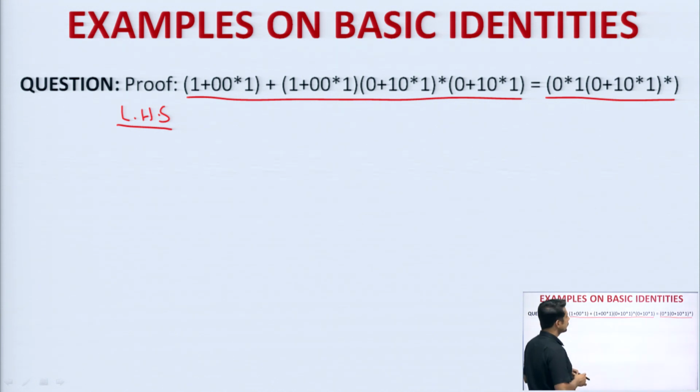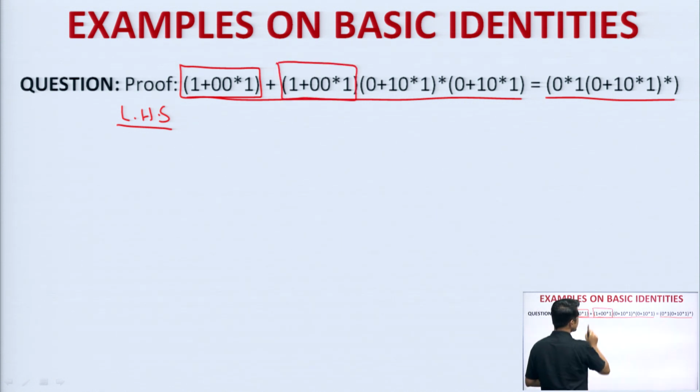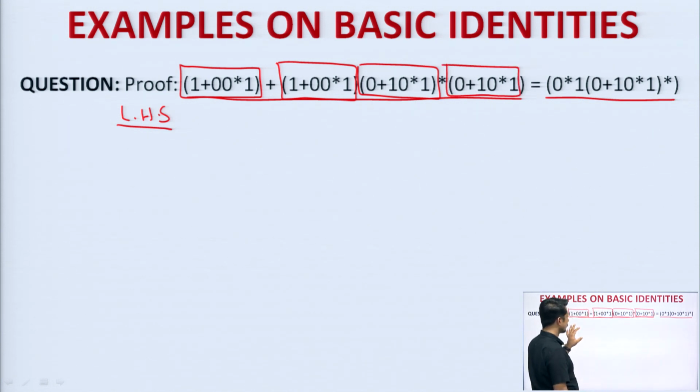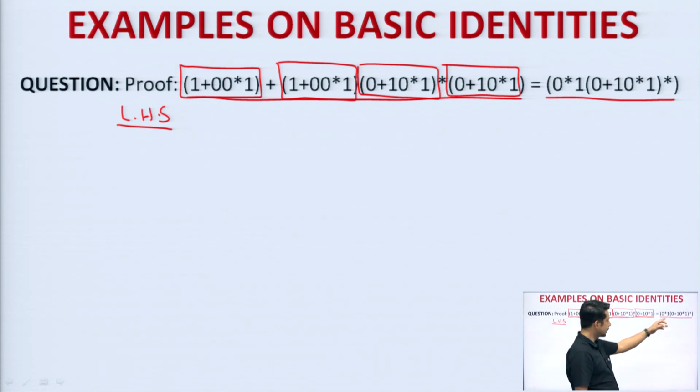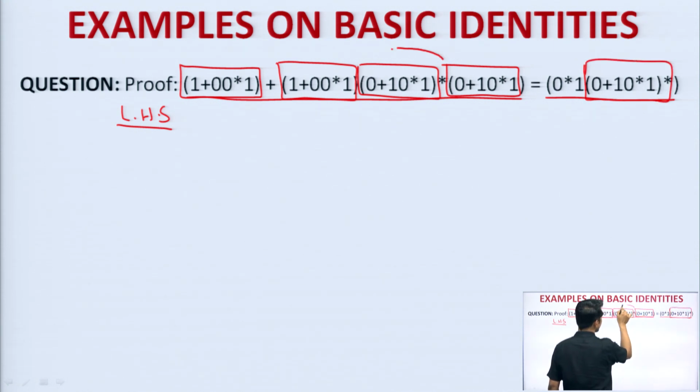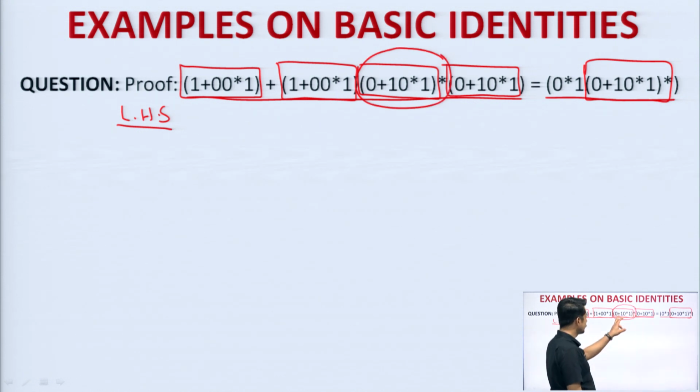Now, if you look into this expression, I can see that this particular expression, that is 1 plus 0 0 to the power star 1, and this one are somewhat similar, and this one and this one are similar, correct. But along with this similarity, you should also check what the final right hand side is. One expression is not changing at all, so I need not do anything with this particular expression, rather go with this particular concept. Okay.